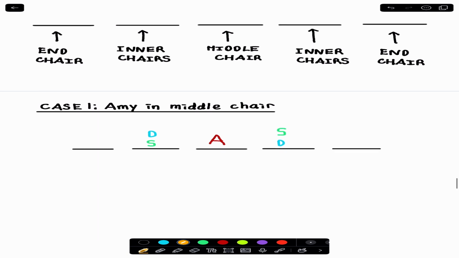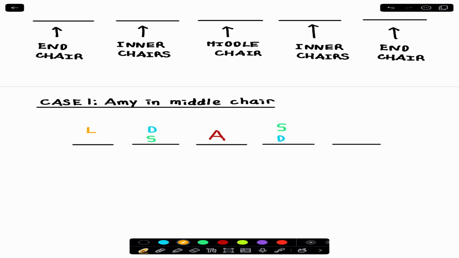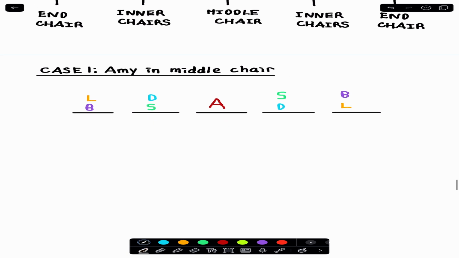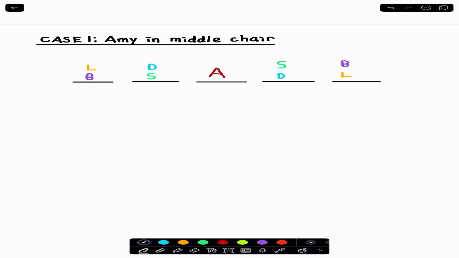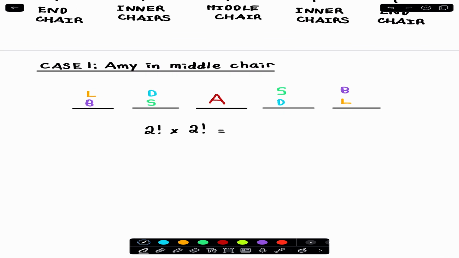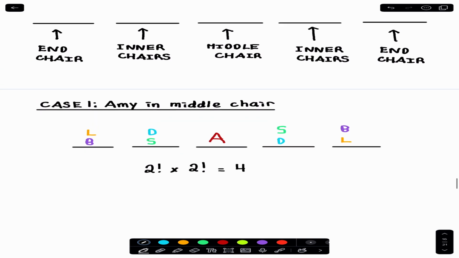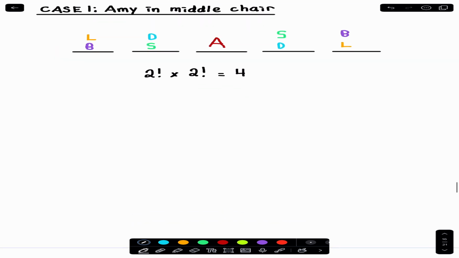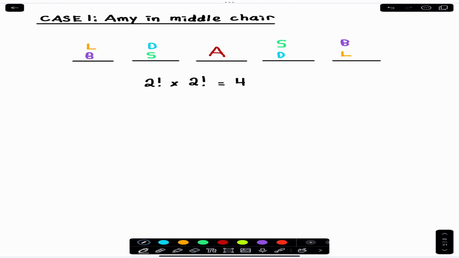And then at the ends, it has to either be Leonard here and Beardo here, or Beardo here and Leonard here. So basically the inner chairs have 2 factorial ways to be arranged, and the chairs at the end have 2 factorial possible orderings. So in the end, that's a total of 4 ways to arrange the seats if Amy is in the middle. Keep in mind, this is only when Amy is in the middle.